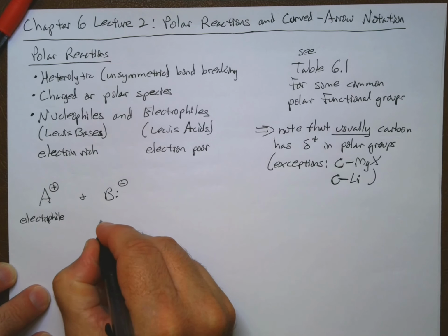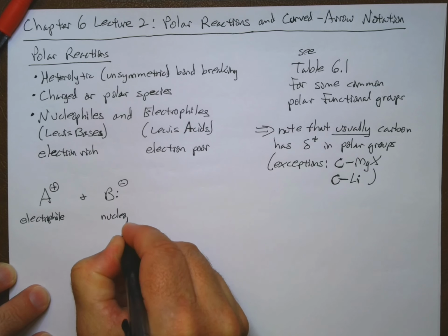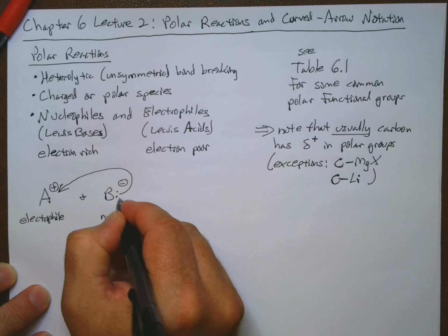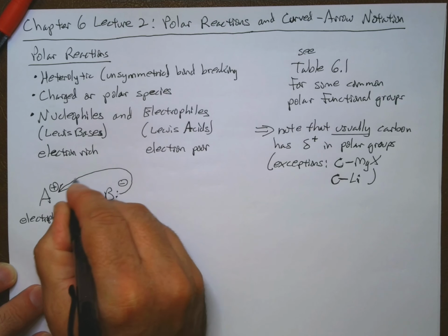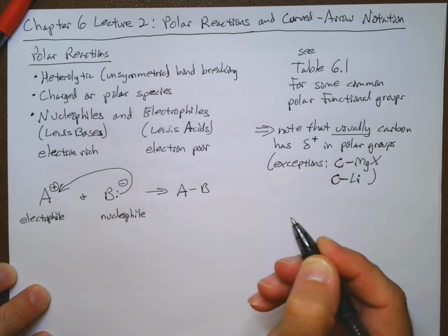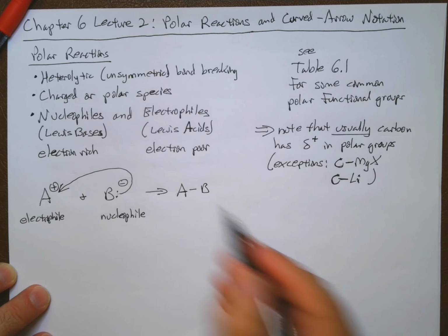That is electron rich, so that's my nucleophile. I will get my curved arrow, that pair of electrons going to attack the electrophile, and now I'll have A, B, like so. And that's my new bond.